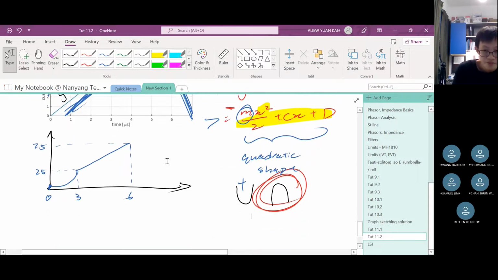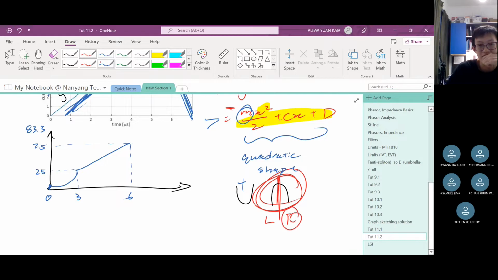So we need to reach 83.3, right? Which is what we calculated just now. You might ask me, do we take the left side half or the right side half of the quadratic shape? Let us take the right side half. If you take the right side half, you will have to curl down, right? Then we will never reach 83.3. So it cannot be this side of the quadratic curve. It must be the left side, which is like this.